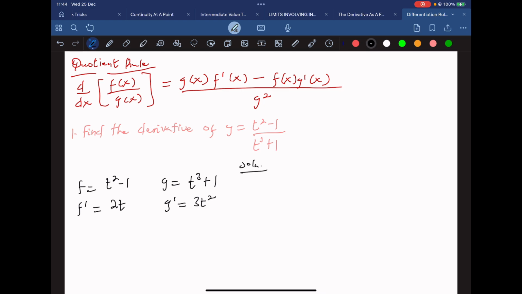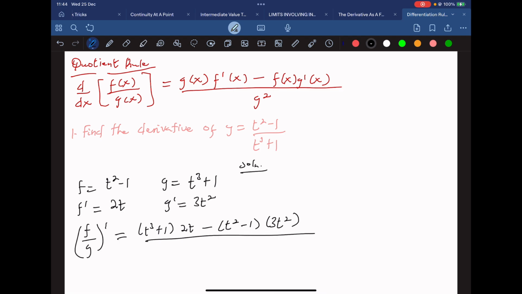So we have (f/g)'. So this is, first of all, write g. So your g is t cubed plus 1. Now f prime, we had 2t, minus our f, which is just t squared minus 1, times g prime, which is 3t squared, over g squared. Now we know that g squared is t cubed plus 1 all squared.